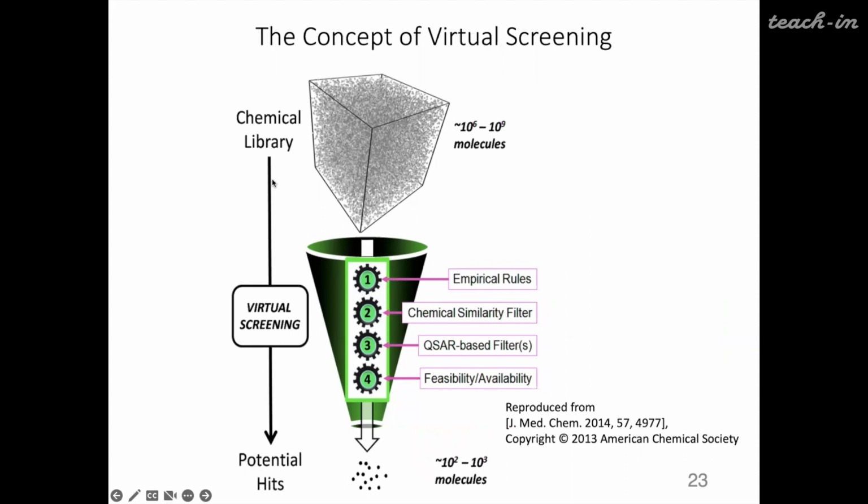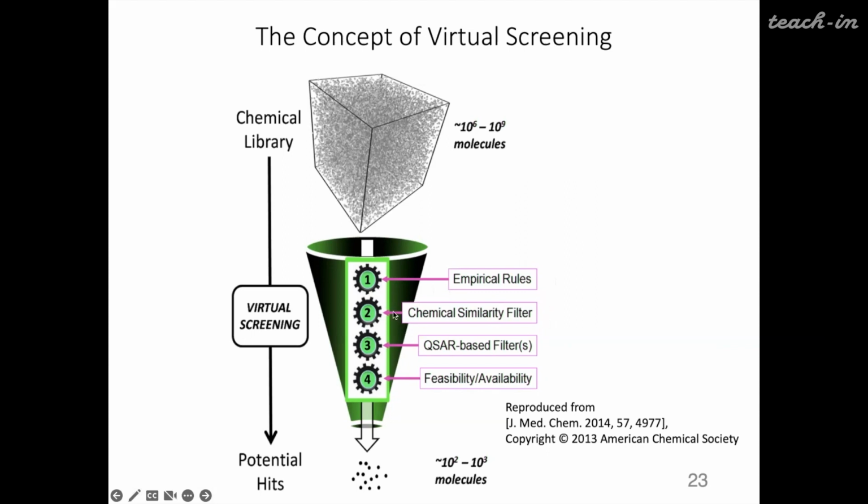So if we have some chemical library that includes a great number of molecules, we can perform virtual screening by applying several filters. For example, we can use empirical rules like Lipinski's rule of 5 or Goose filter or MCE 18.